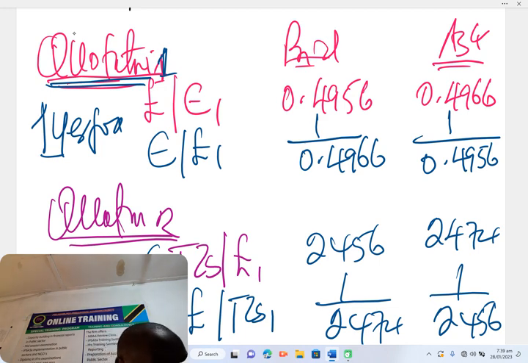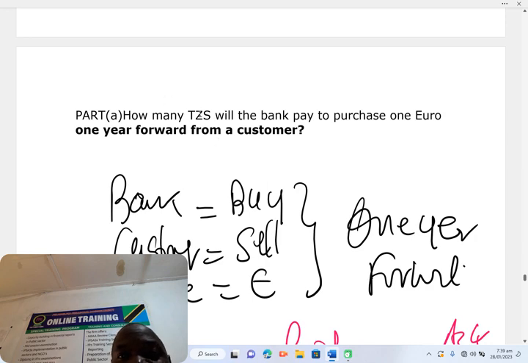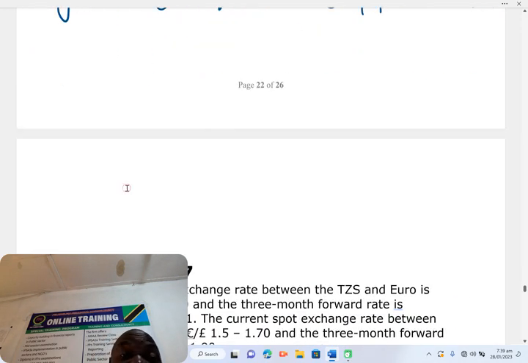Now what are we looking at? It is a quotation for euro and what? Is this true? We need a quotation of Tanzanian shillings against euro. Now look at me. This is a cross rate.